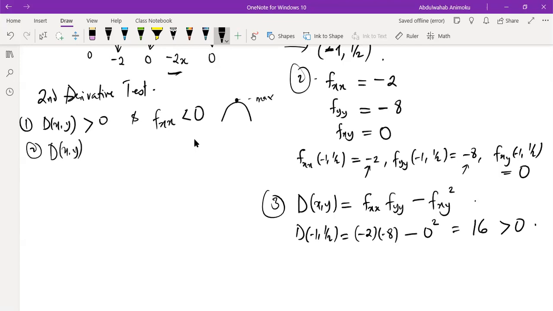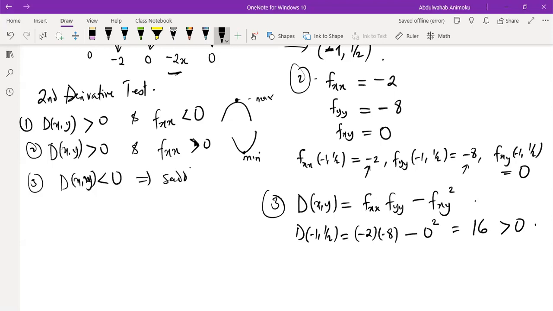The same thing, if D is greater than 0 and the second partial derivative with respect to x is greater than 0, this would give us a minimum for that xy. And if we have D to be less than 0, this implies a saddle point.